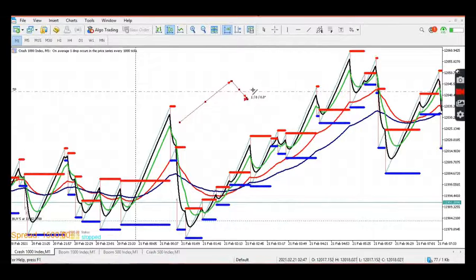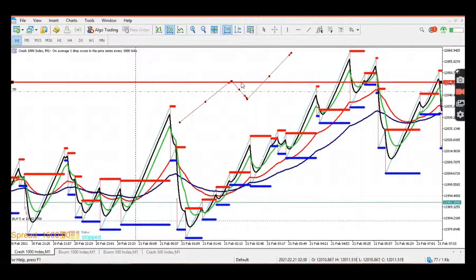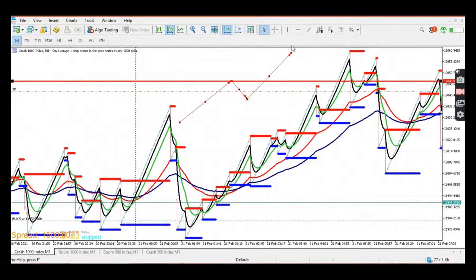See, the market continues going. And what happened? The market has broken out of this former resistance. It's now turned support. So the market forms what? A higher high and a higher low. Simply a higher high and a higher low.